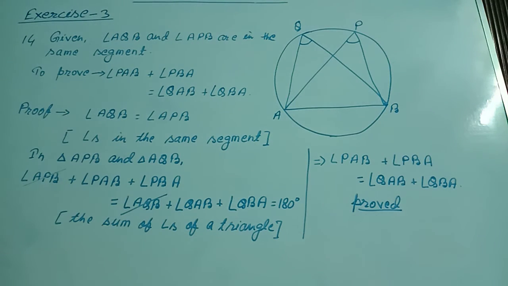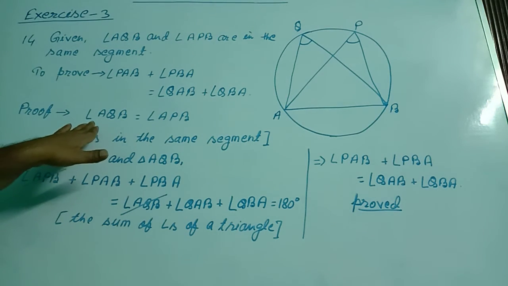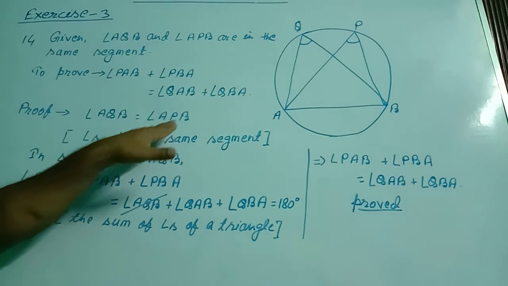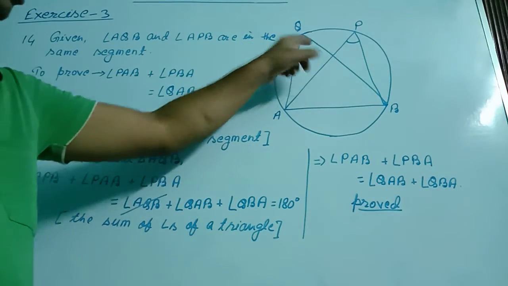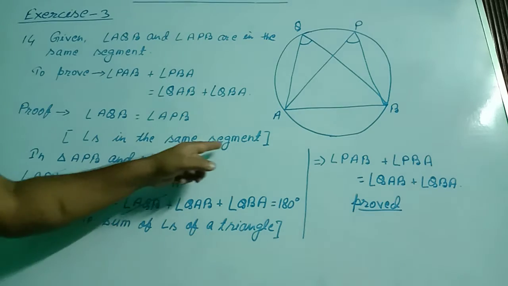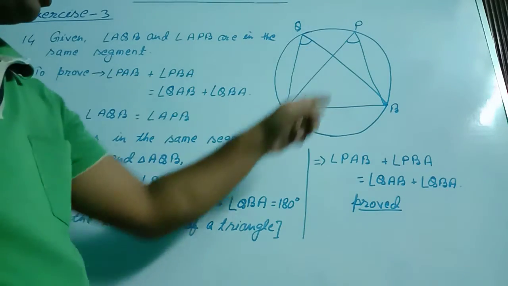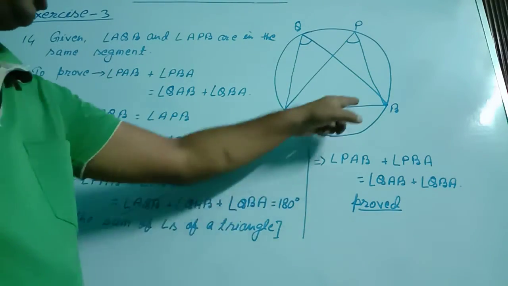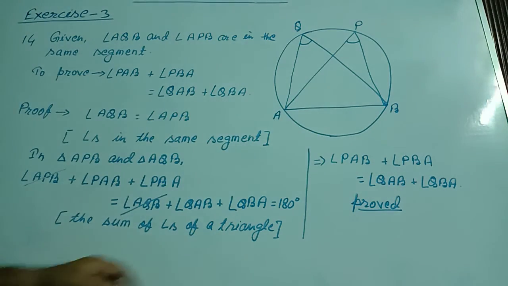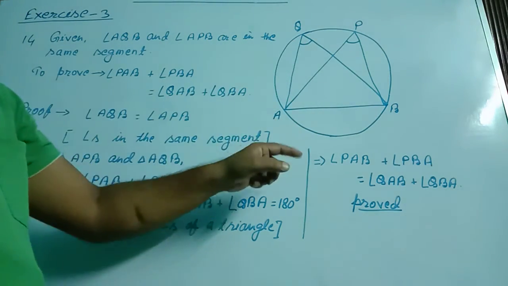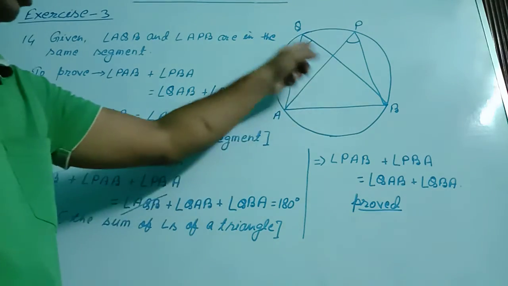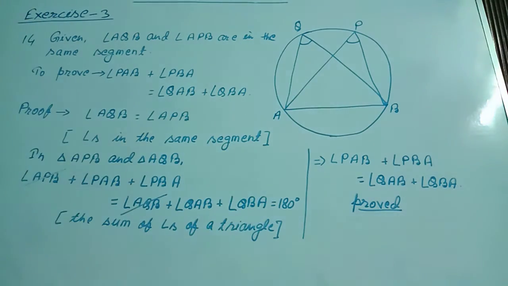So for that I wrote here, angle AQB equal to angle APB, these two angles are equal because angles in the same segment. Then in triangles APB and AQB I wrote angle APB plus angle PAB plus angle PBA equal to angle AQB plus angle QAB plus angle QBA equal to 180 degrees.